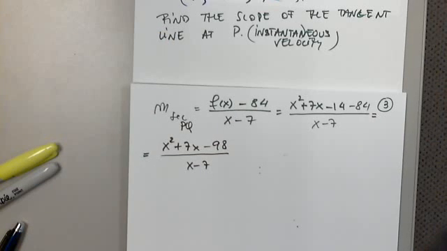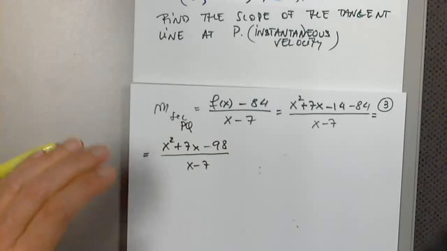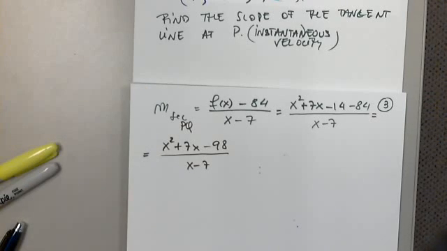Now I would like to plug in this expression in the graphing calculator. And I would like to get as close as possible to 7, right? So as we did before, here's my point P, here's my point Q, and I want to bring Q as close as possible to P, 7, 84, because this is the secant line, but I want to change it into a tangent line.